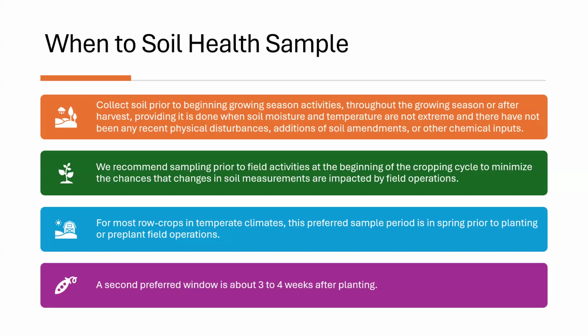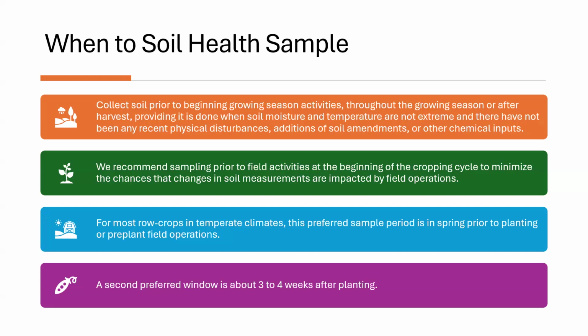Most of the time, we would recommend sampling prior to field activities, okay, at the beginning of a cropping cycle. And that's going to differ depending on what crops you're growing, so that you can minimize any chance that the measurements you're trying to get a handle on are not going to be impacted by some field operation, okay?